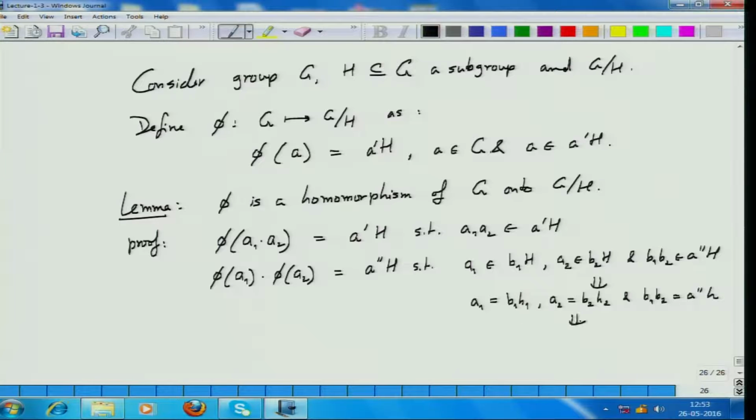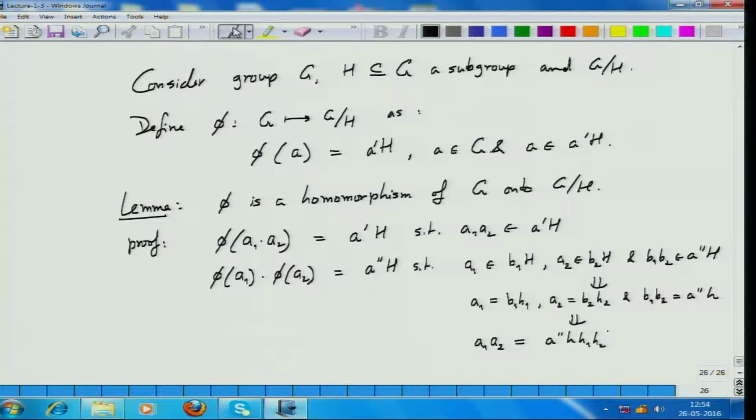This implies, I will just do this analysis, A1 A2 is A double prime H H1 H2. B1 is A1 H1 inverse, B2 is A2 H2 inverse. So, just substitute in here and you get this.